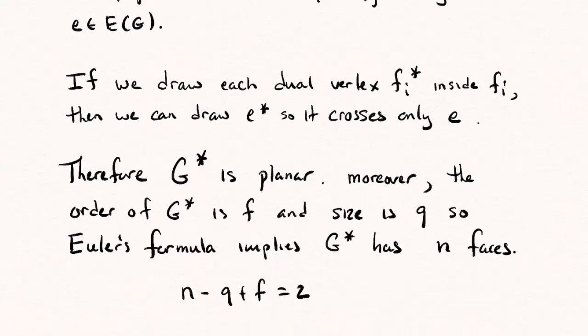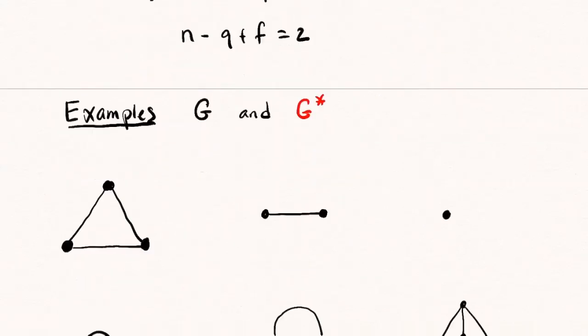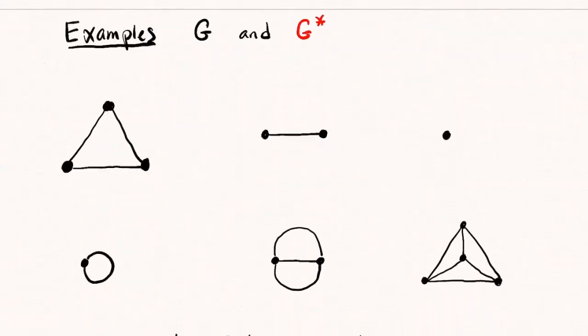Okay, let's look at some examples. Here I've drawn a bunch of graphs, G, and I drew them all in the color black. I won't bother naming them, but I'm going to draw their duals while you're watching this, and I'll draw the duals in red. So I'll just superimpose them. So say starting with this 3 cycle in the upper left-hand corner of your screen, that 3 cycle has 2 faces.